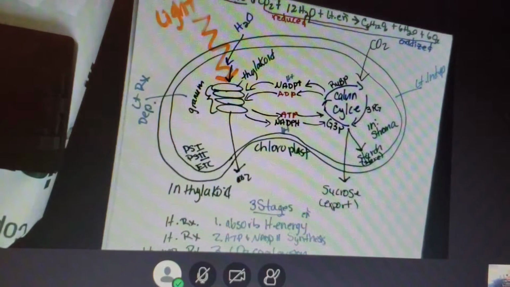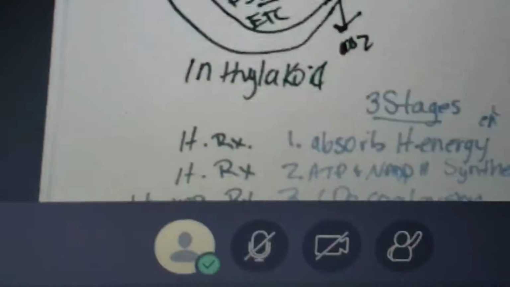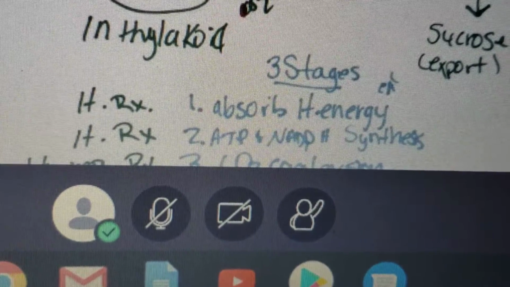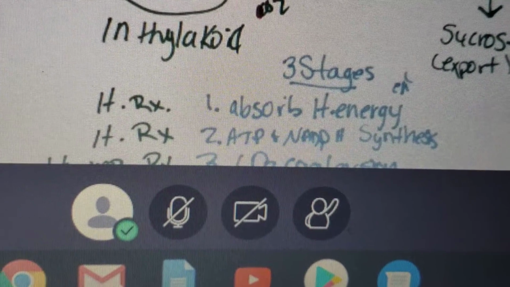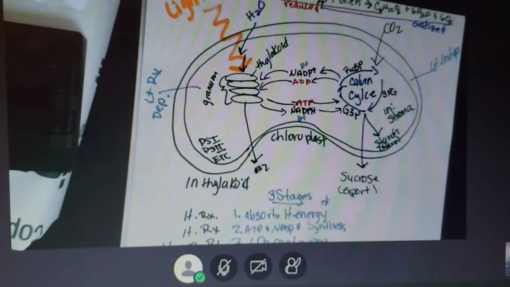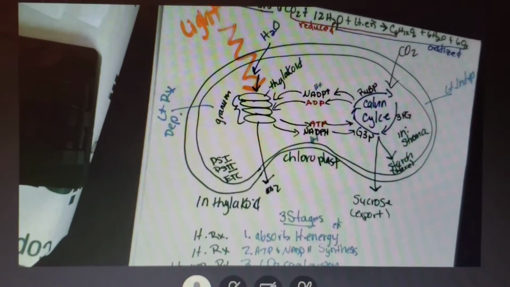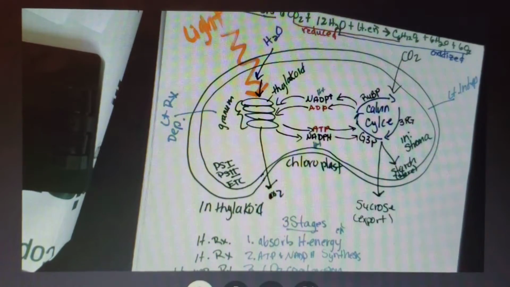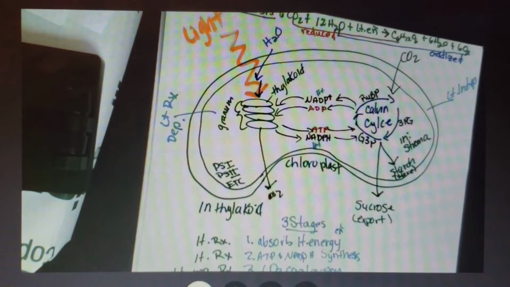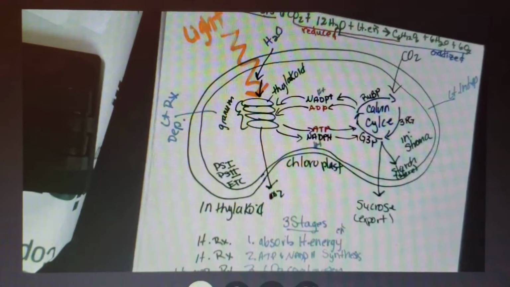NADP is photosynthesis, okay? You don't want to mix those up, all right? It tells you the full name here. Do y'all want to write the whole name? Nicotinamide adenine dinucleotide phosphate. Would you rather just say NADP? Those you're allowed to forget.